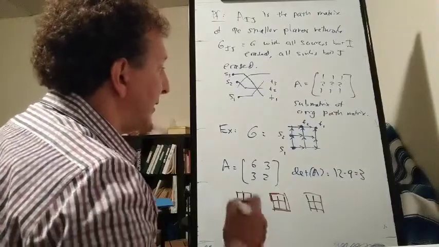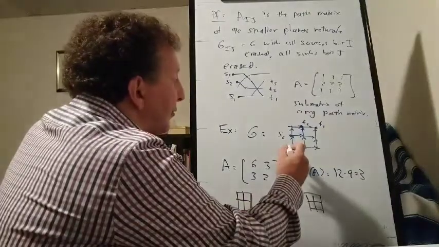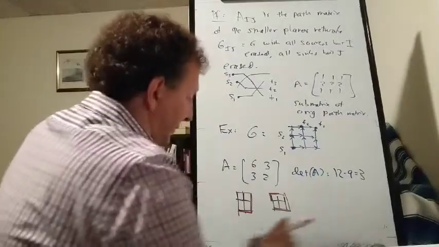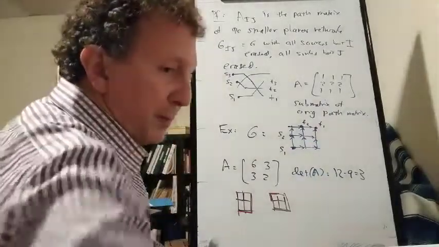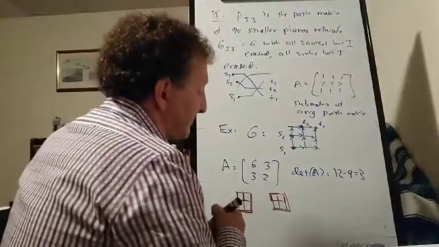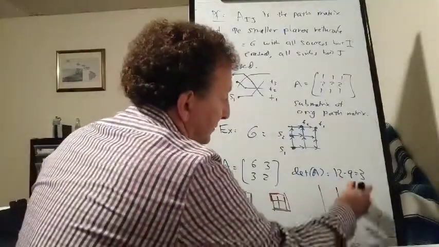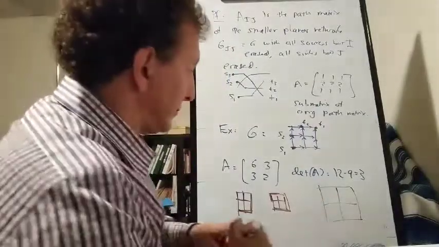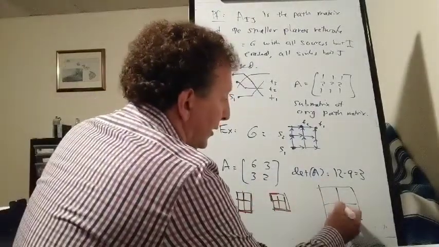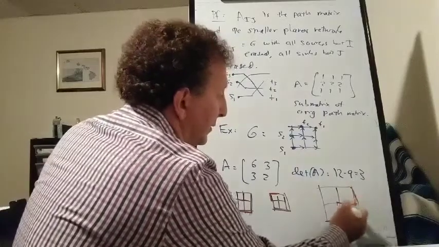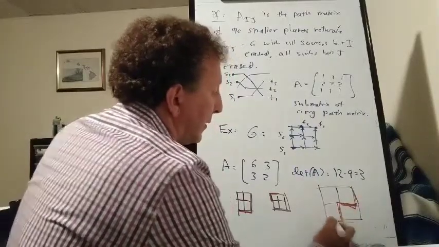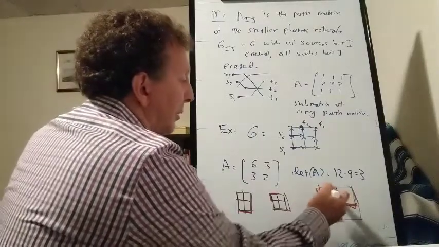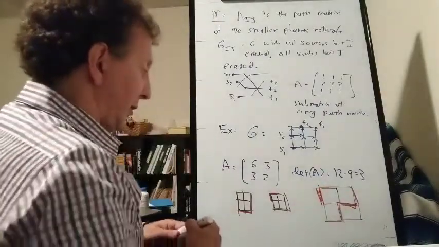And then if we take the bottom path family and go over and up and over and up, then the top path can go up and over, so that's a third path family.